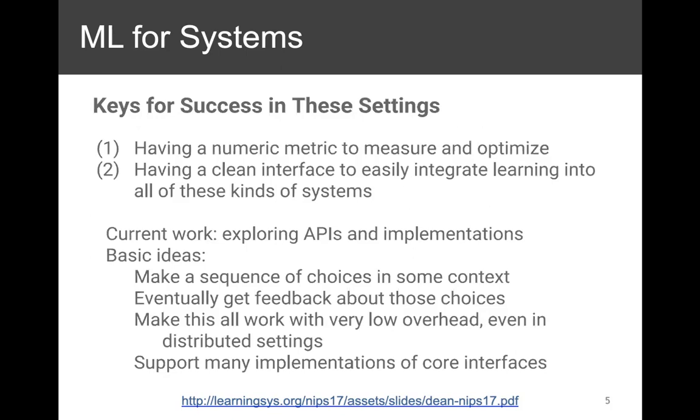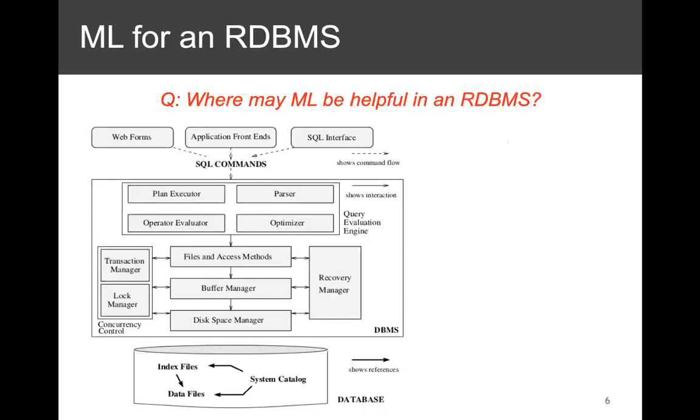He says currently they're working on APIs and implementations to make a sequence of choices in some context, get feedback, make all of this work with low overhead, even in distributed setups, and have multiple implementations of common interfaces. Okay, so that was in the context of general computing systems.